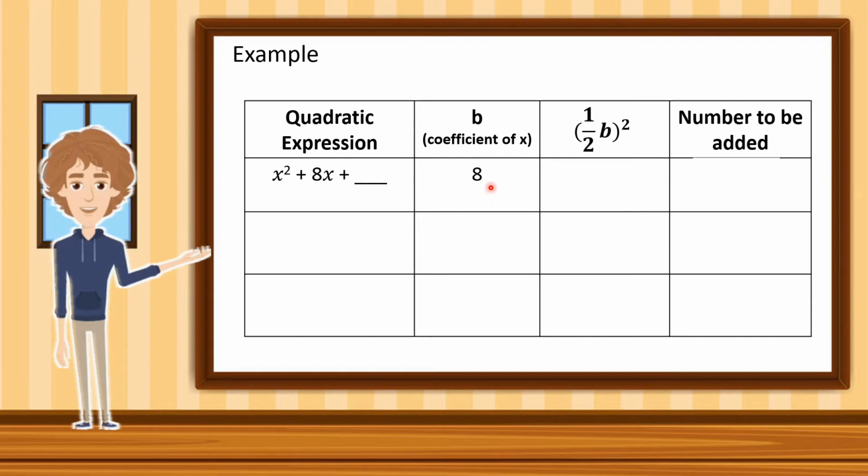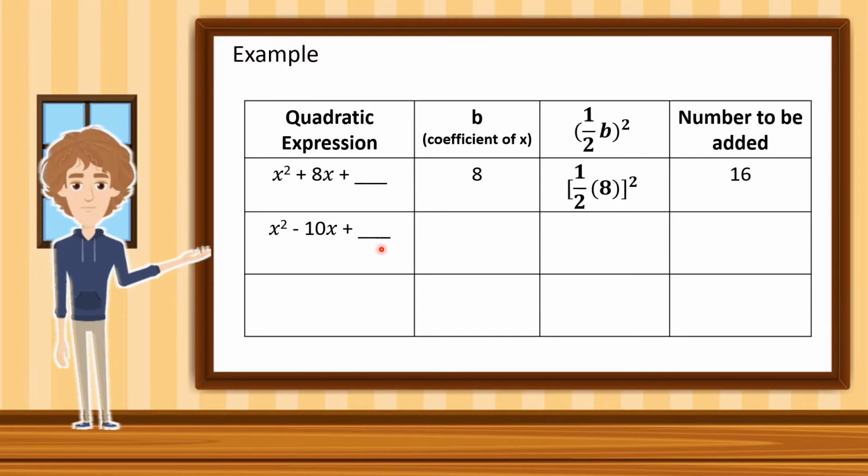Then we will substitute this 8 in this formula: 1/2 b quantity squared. So 1/2 multiplied by 8 quantity squared. Let us solve that, and we will come up with the answer of 16. So the number to be added in this expression to make it a perfect square is 16. Then second example, x squared minus 10x plus blank.